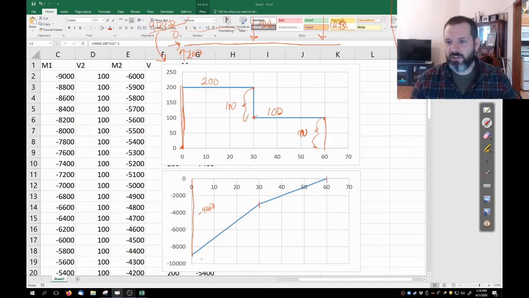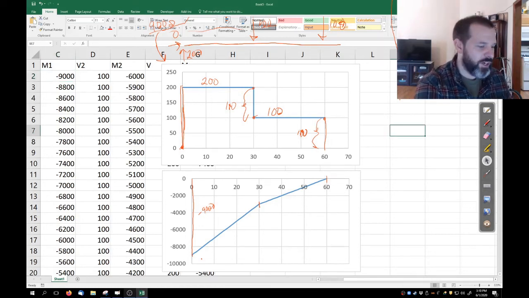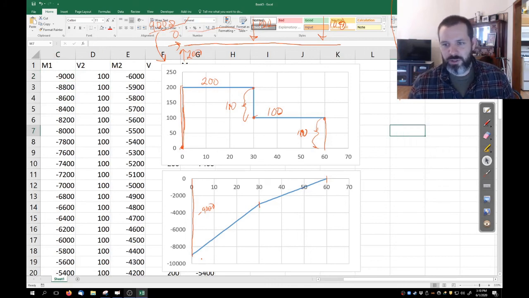Since we're in Excel, our life can be made really easy by doing a simple calculation in a cell. So let's figure out what the slope of this first line is and the slope of the second one.